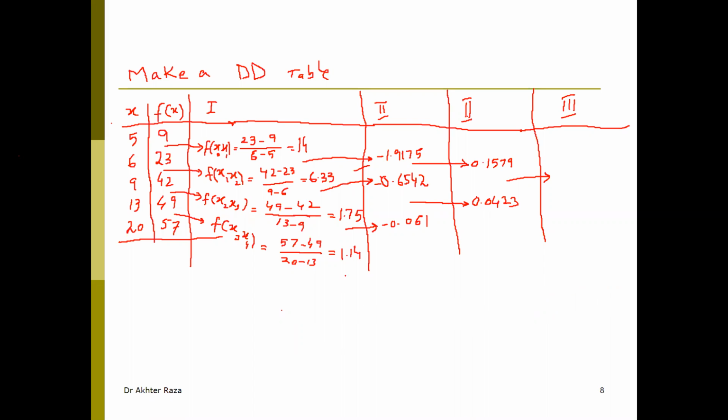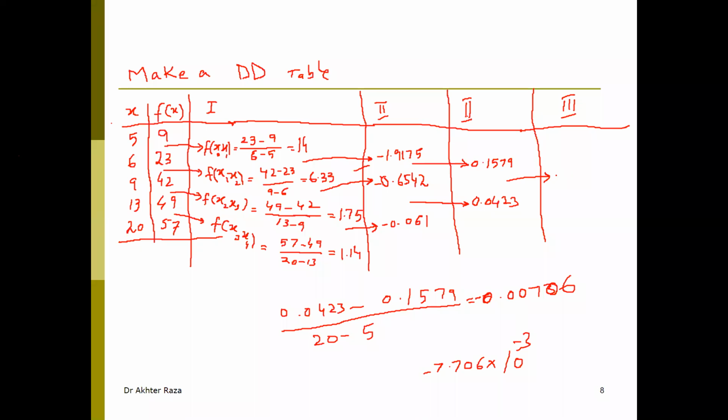The new calculation will be 0.0423 minus 0.1579 divided by 20 minus 5. How much is it? This answer will be minus 0.00706. This is the last value in this difference table.